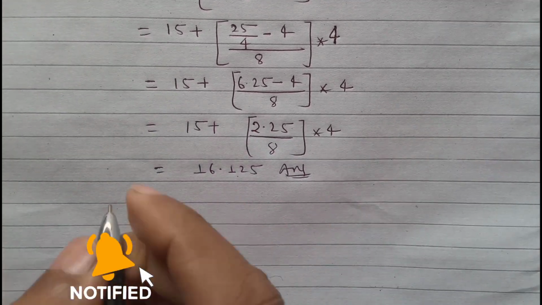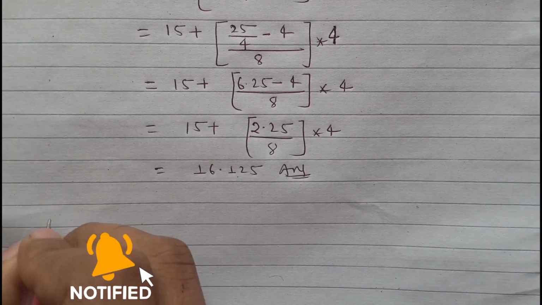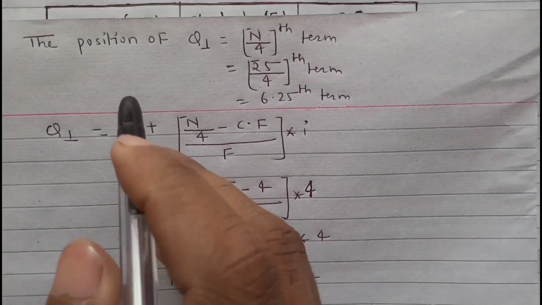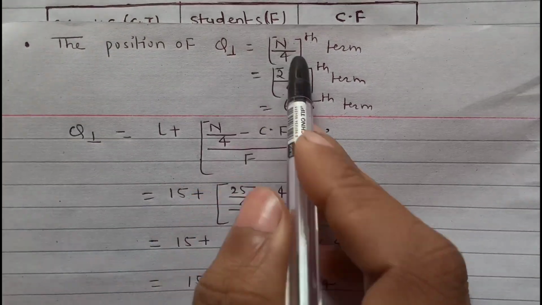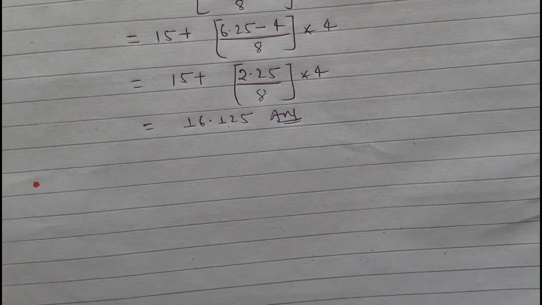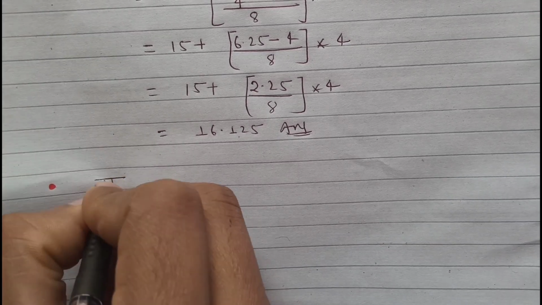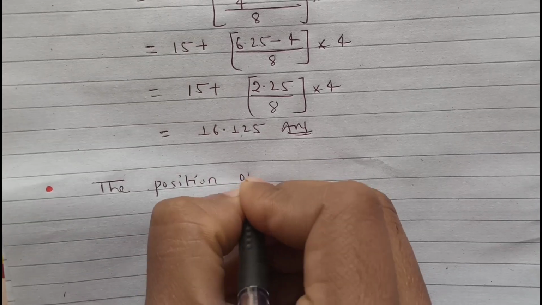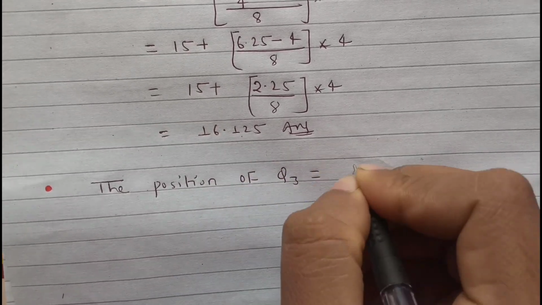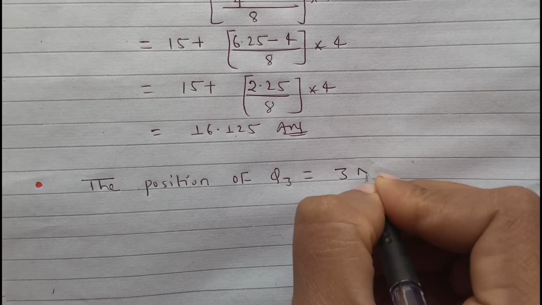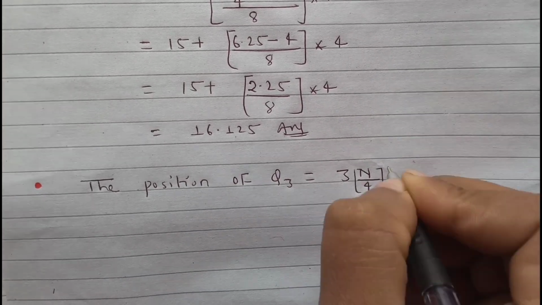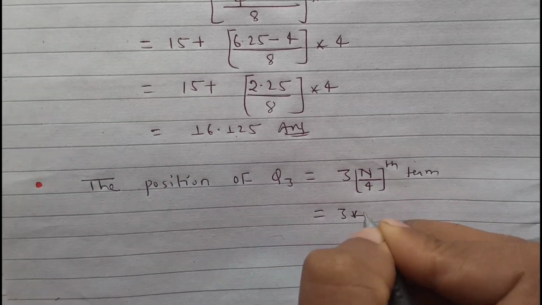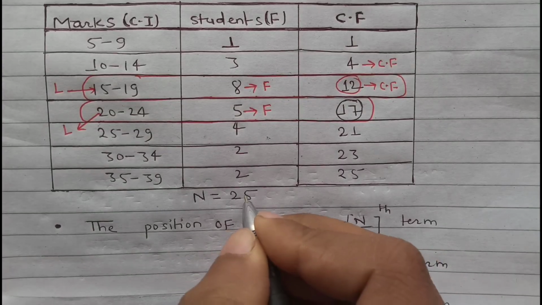Clear? Now we have to find the value of Q3. Same as for Q1, we have to find the position of Q3. So let's start. The position of Q3 is equal to, the formula for the position of Q3 is 3n by 4 term. So 3 into the value of n, the value of n is 25.